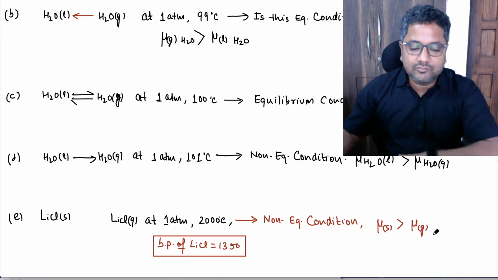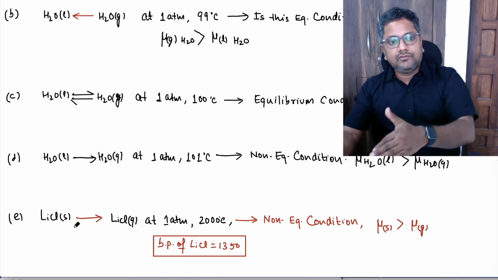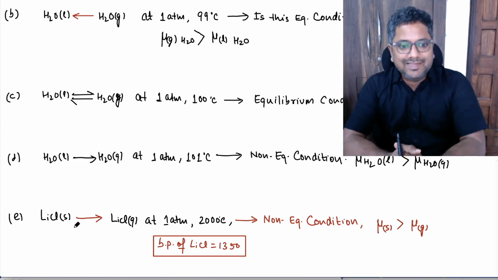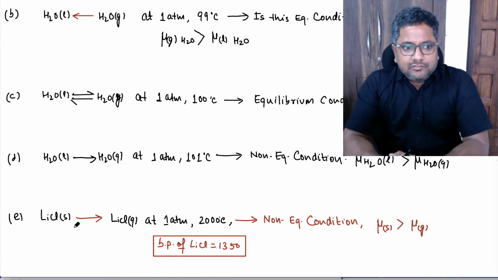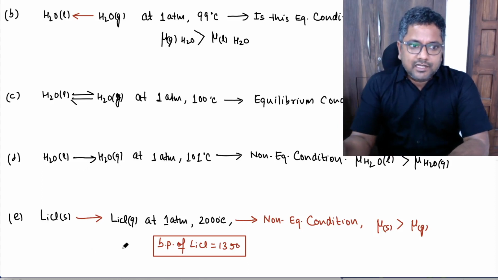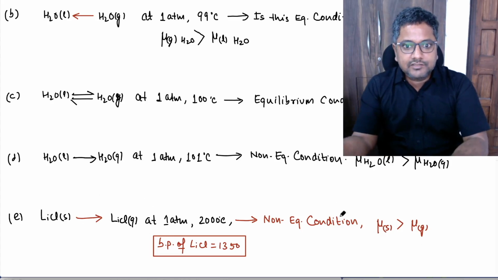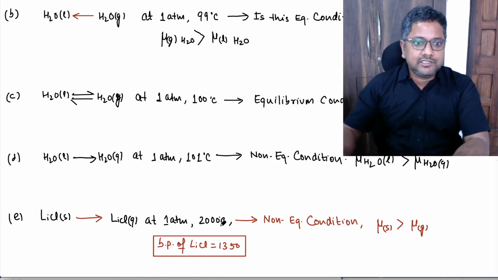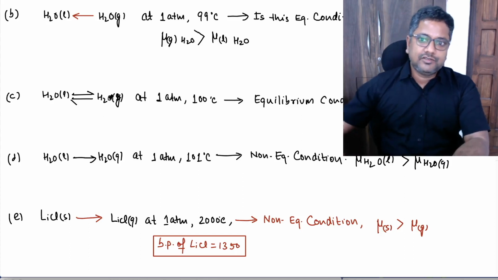So which kind of arrow are you putting here? You can put this arrow. It means more and more lithium chloride solid will sublimate into lithium chloride gas. The liquid phase may or may not exist; that is not mandatory here. But solid to gas, this sublimation is a spontaneous phenomenon, while this is under equilibrium condition.